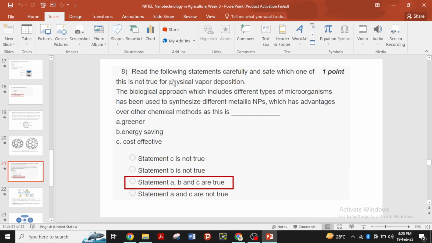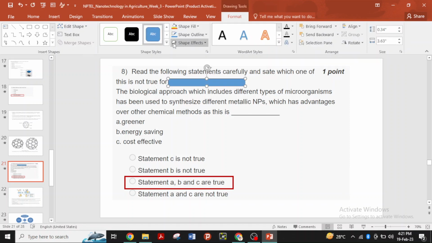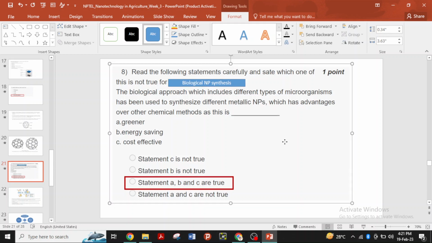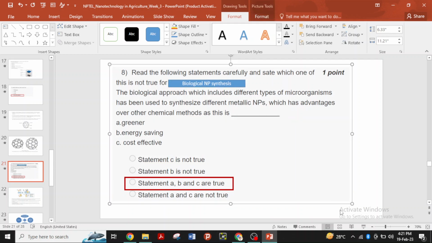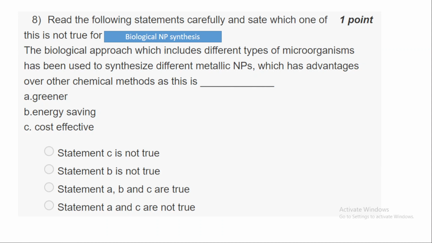Meanwhile, you can read the question and try to answer. Yeah, so I'll read out the question again.